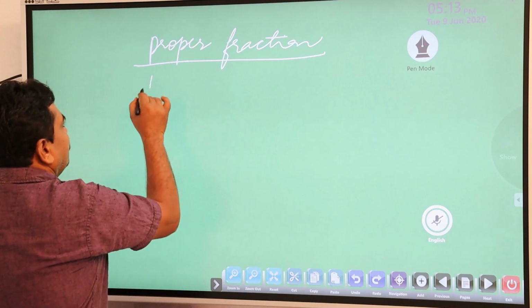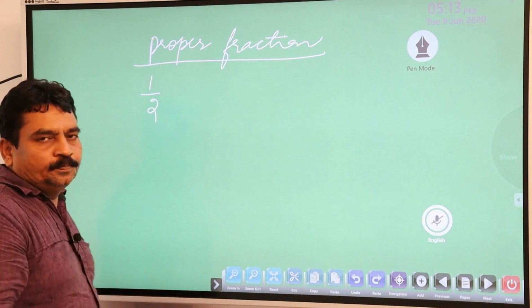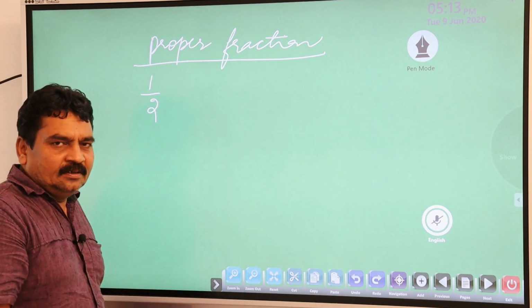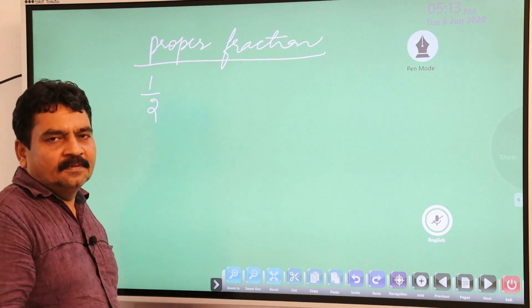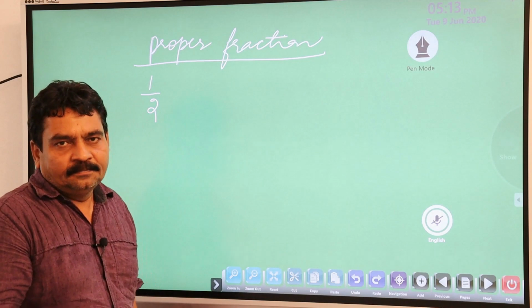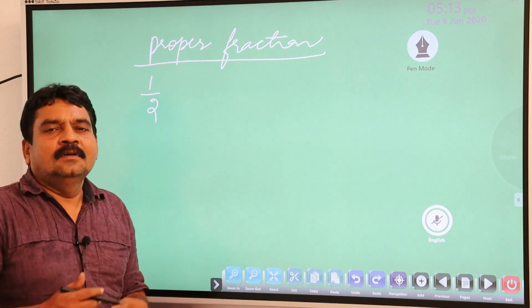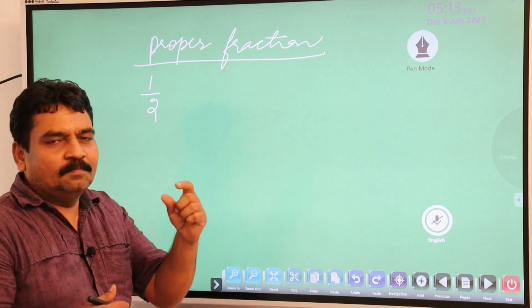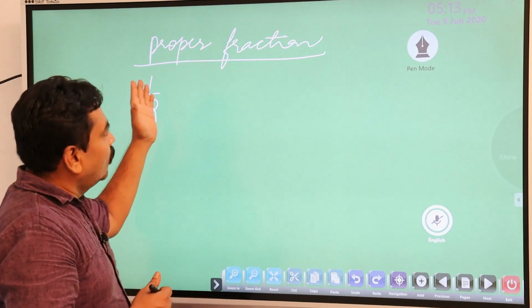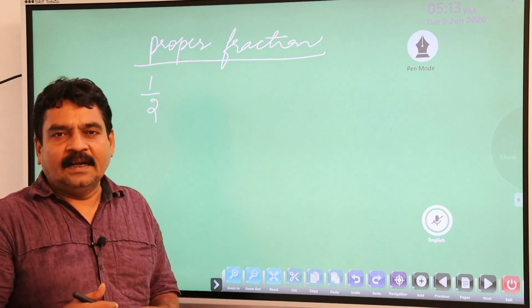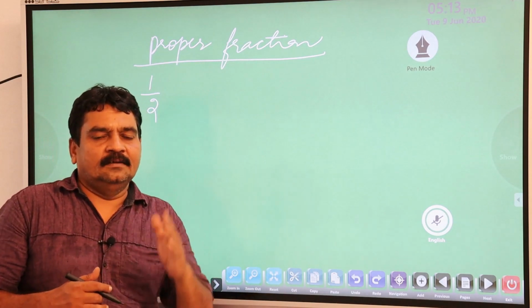Example, if I take 1 by 2. 1 by 2 is a fraction because you made 2 parts out of the whole, that is 1. So it has become less than 1. The fraction part is less than 1. That's why a proper fraction is a fraction which is less than 1.